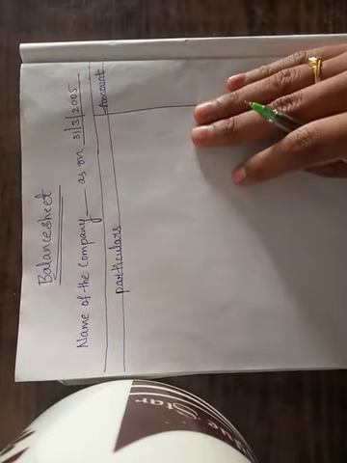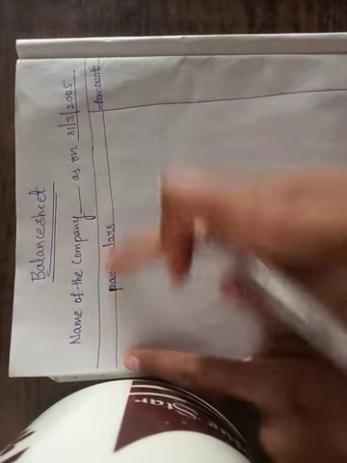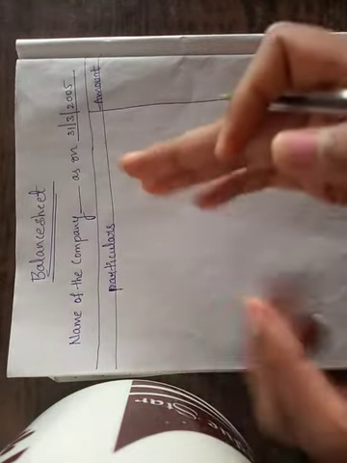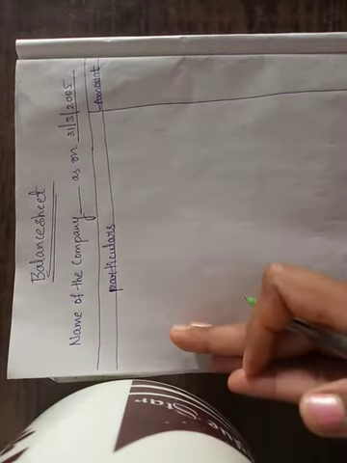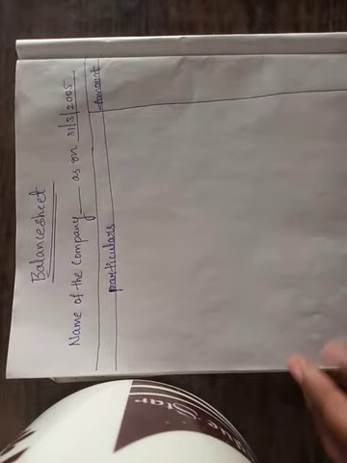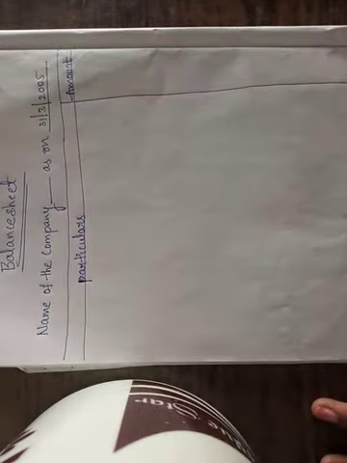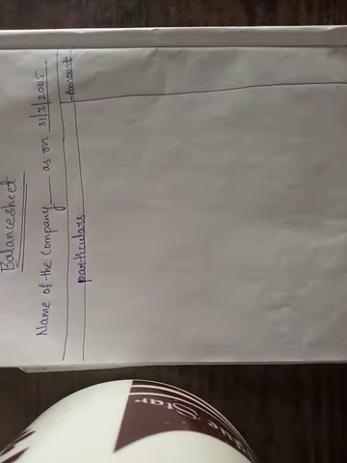In the horizontal form, we prepare it in the shape of a T. On the left hand side we prepare liabilities and amount, on the right hand side we prepare assets and amount. But here first we will take the liabilities, after that we will take the assets.